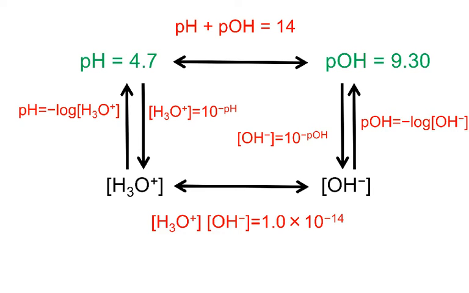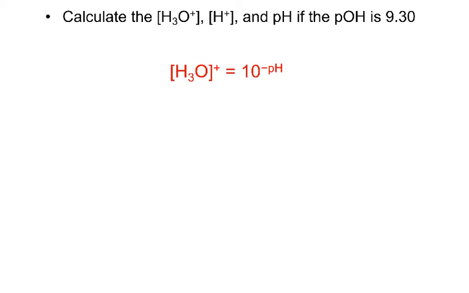All right, so now we're back to our chart. We started with the pOH, we've now calculated the pH, so let's now calculate the H3O+ concentration. We're going to use this relationship that the H3O+ is 10 to the minus pH. I've got my equation again. Now when I plug that in my calculator, I get this result.